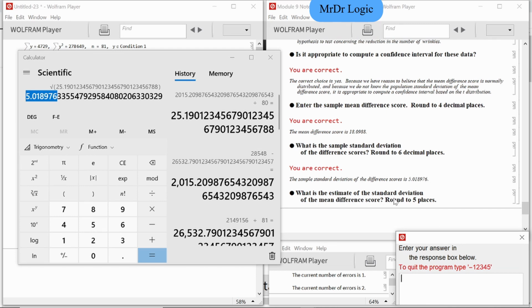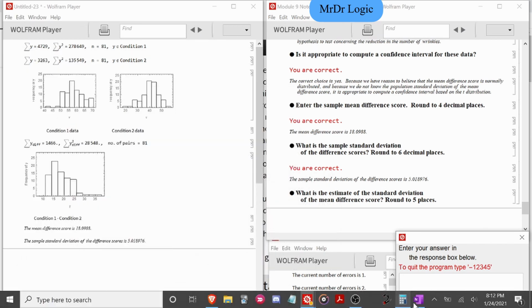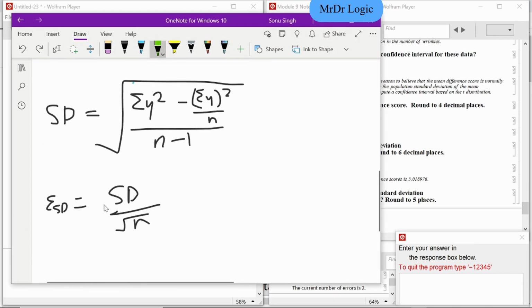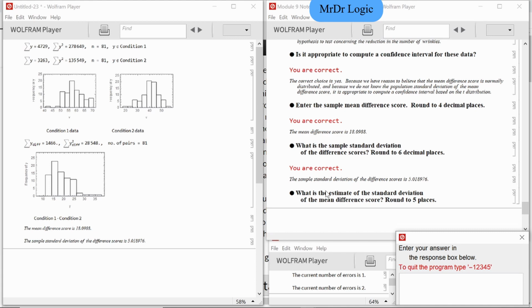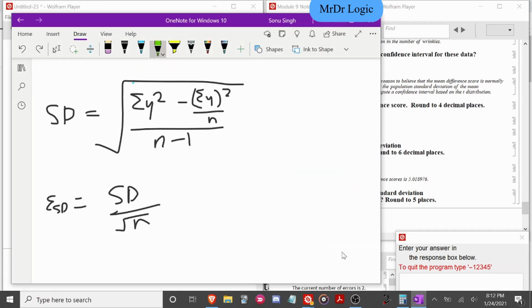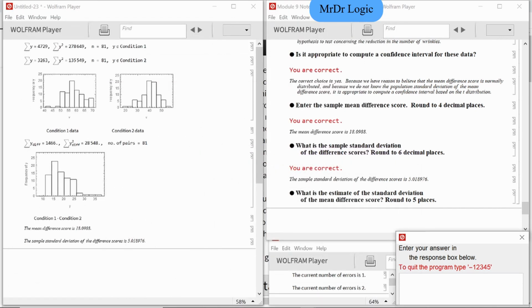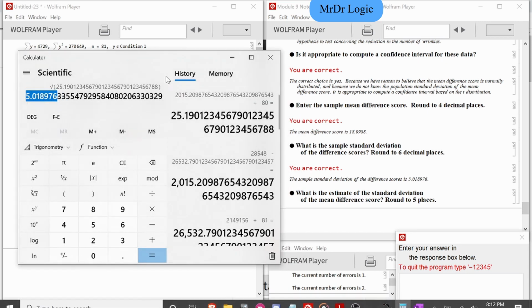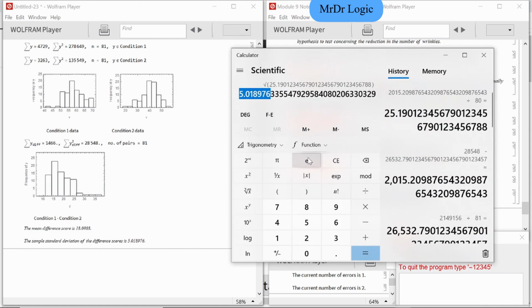What is the estimated standard deviation? Okay, so all this is the SD divided by the square root of n. Anything more? Nothing more. So we're going to take this. First, we're going to figure out what the square root of 81 is.